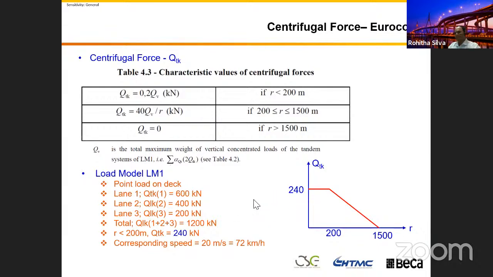Your maximum centrifugal load is 240 kilonewton, and it will go down to 0 with the radius. Yes, when the radius is 1500 it becomes 0, because you don't want to consider any centrifugal force. They are very, very straightforward to calculate: 240 maximum and the other values in between. Any questions here?